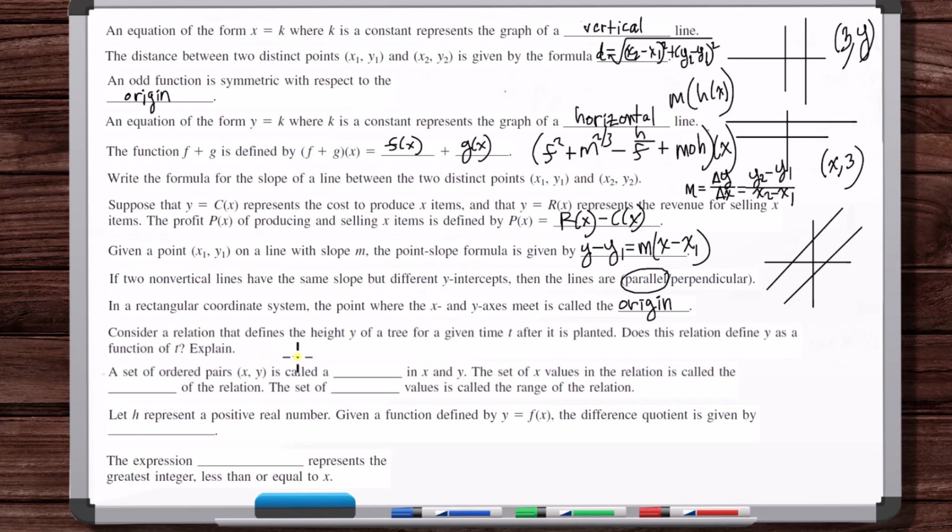Consider a relation that defines the height y of a tree for a given time t after it is planted. Does this relation define y as a function of t? Explain. So the height y for a tree as a function of the time t after it was planted. So t, y. Okay, so the idea is, is the tree ever going to shrink?